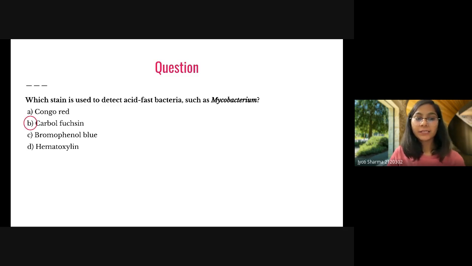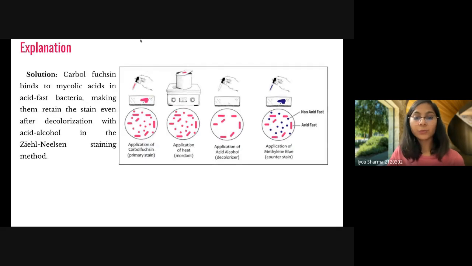So we will use the stain carbol fuchsin. Let me explain this. Whenever you are using the dye carbol fuchsin, this will give you the pink color. Whenever you are applying heat and then acid alcohol as a decolorizer to wash, some of the bacteria will become transparent or lose the color, and some bacteria will keep this pink color.